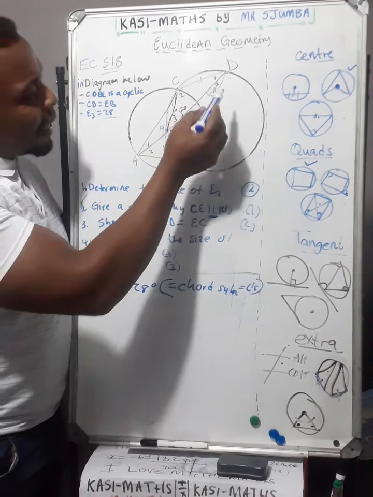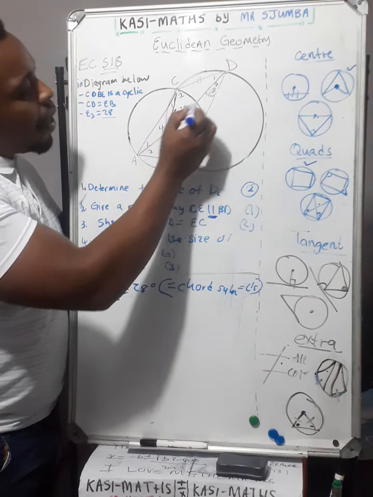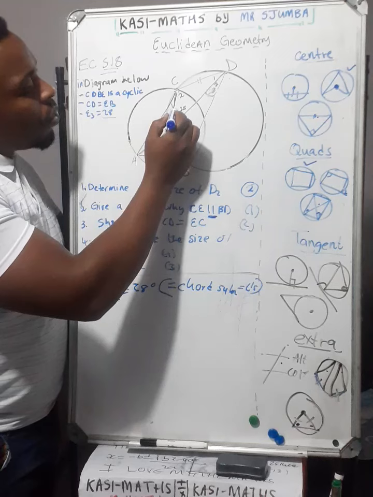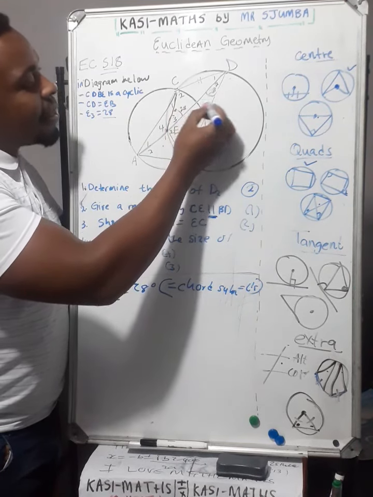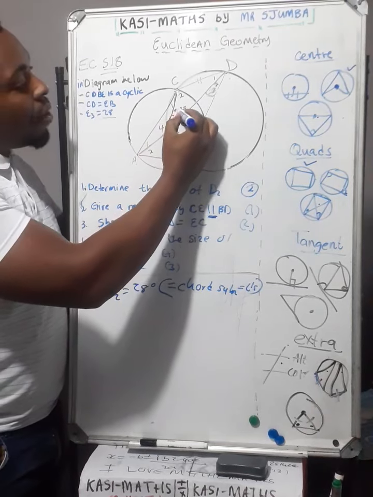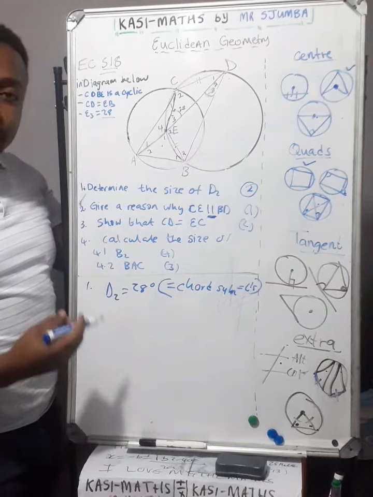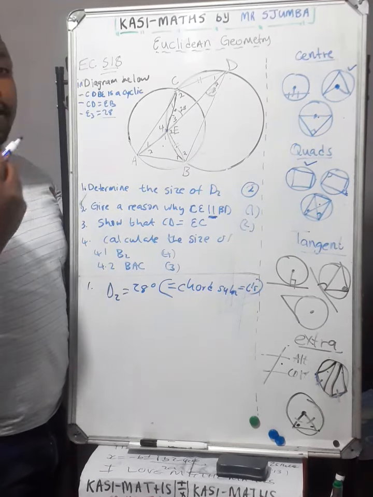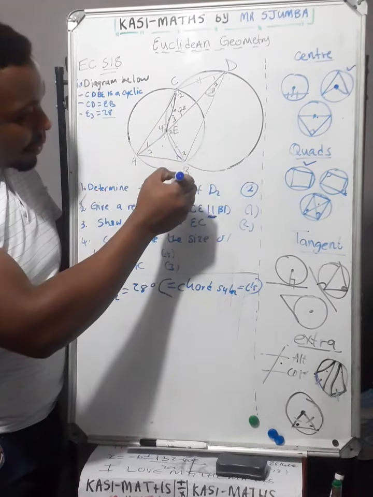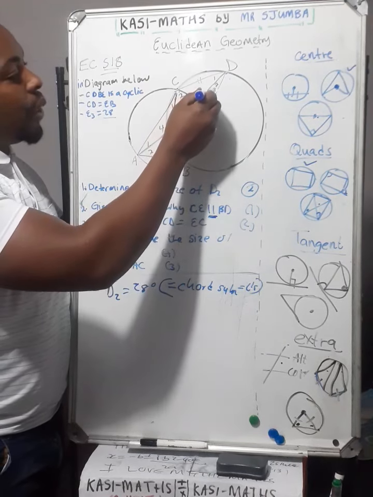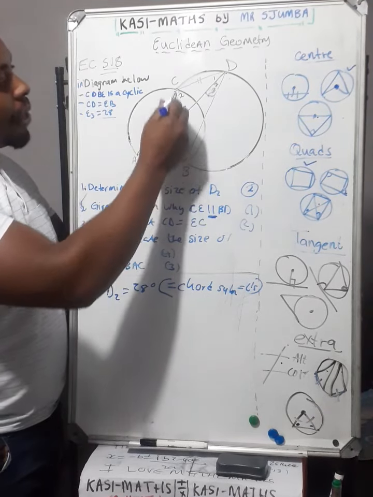So we must check, we don't have corresponding angles, but we must check for alternate angles, and they are equal. So since they are equal and they are alternating, alternating angles are equal only if there are parallel lines. So since this is 28 and 28, it means we have parallel lines, CE and CD.